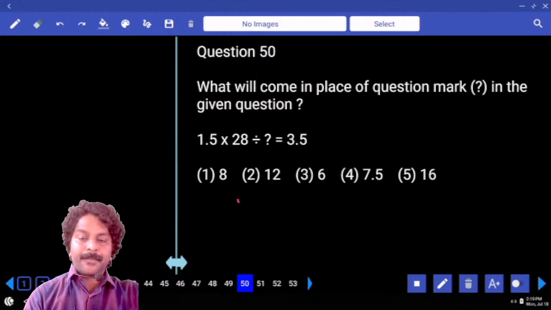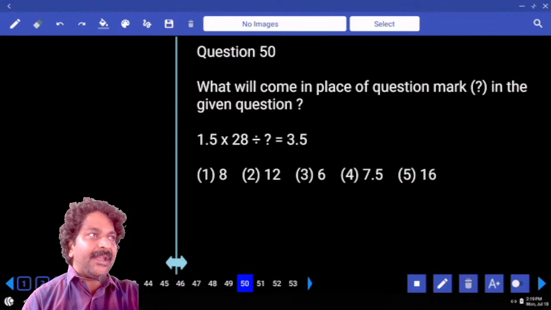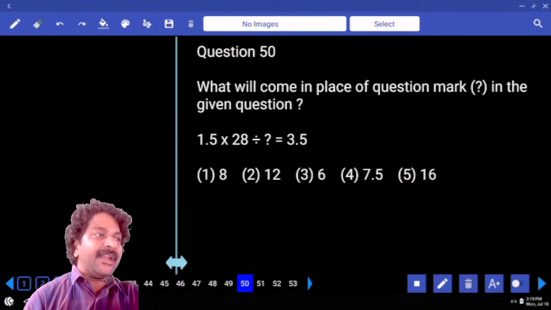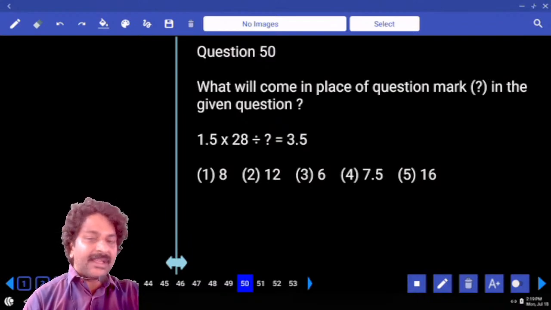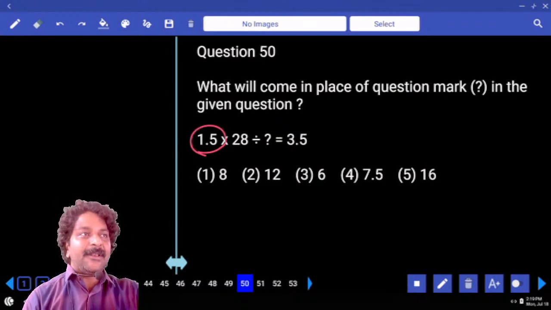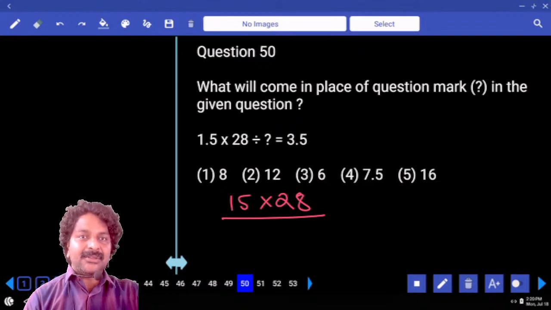Right, come on. So divided by x we have, that is in left hand side denominator. Take that value to right hand side. Right hand side already we have 3.5. That will come to left hand side. Becomes denominator, correct? Numerator, left hand side. How many digits are there after decimal? And right hand side also. So we can treat it as 1528 by x is equal to 35.